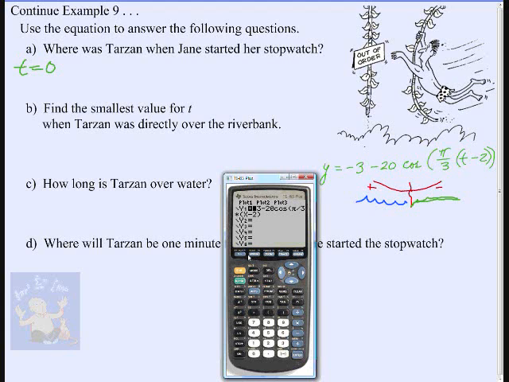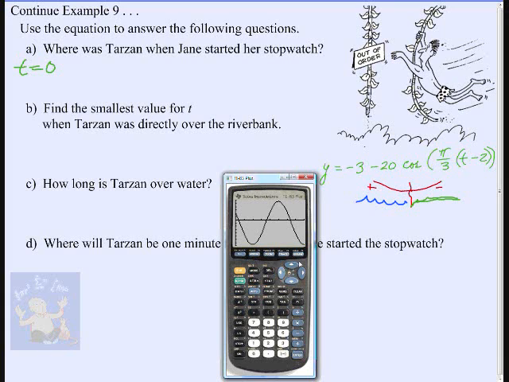Then let's put in, I've already got it there, negative 3, that's the translation up and down. It's reflected, so it's negative 20 cosine, pi over 3 for our frequency, and we're not using t, but we know it represents t, x minus 2. So let's see what that graph looks like.